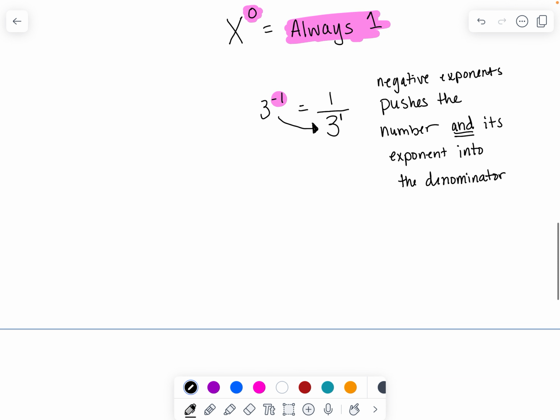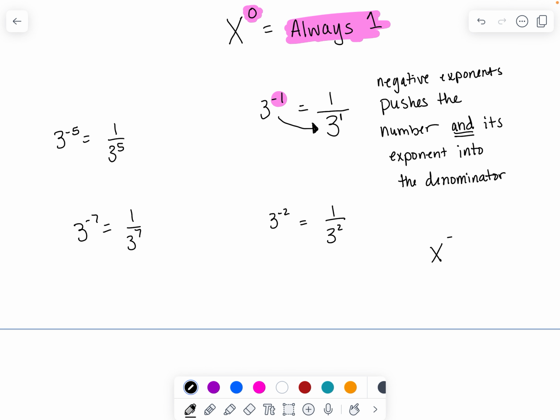So, for instance, if we had 3 to the negative 2, it's the same thing as 1 over 3 squared. 3 to the negative 5th is the same thing as 1 over 3 to the 5th. 3 to the negative 7th equals 1 over 3 to the 7th. I think you see where I'm going.